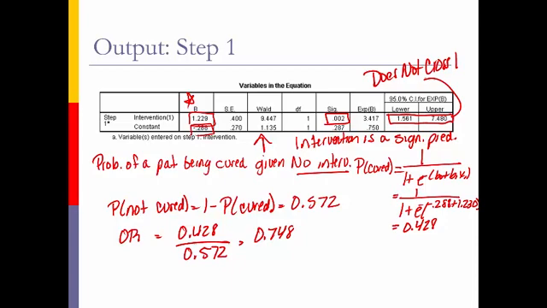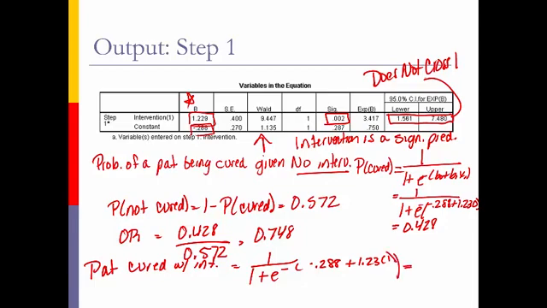So let's say they did have the intervention and they were cured. All right, so the probability of the patient being cured with intervention is going to be equal to 1 over the same thing, 1 plus e to the negative (negative 0.288 plus 1.23), except this time intervention had a parameter of 1.